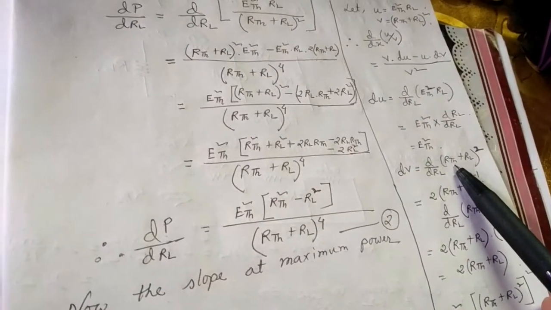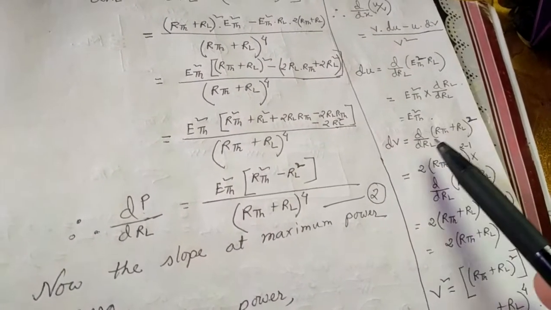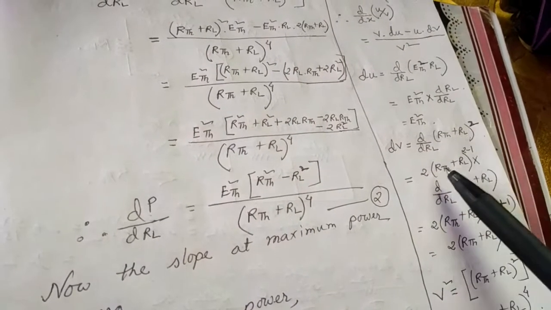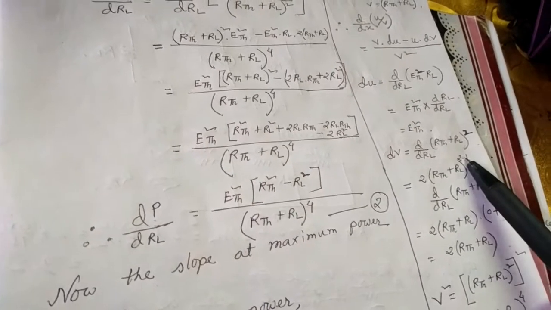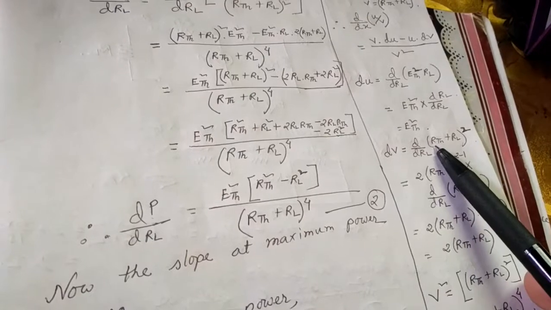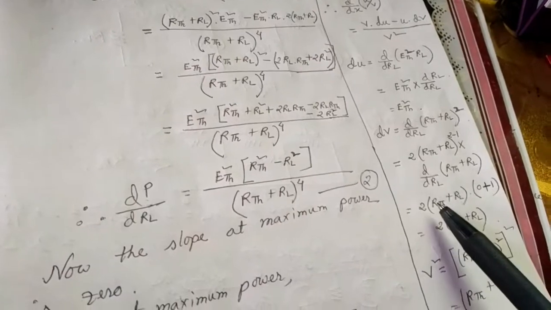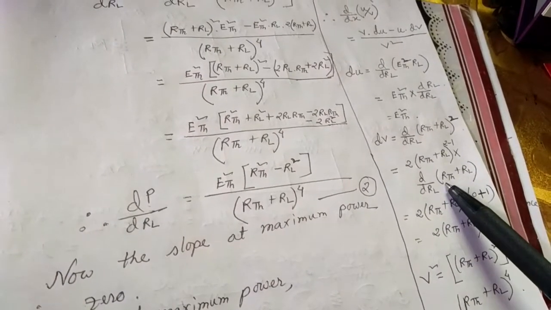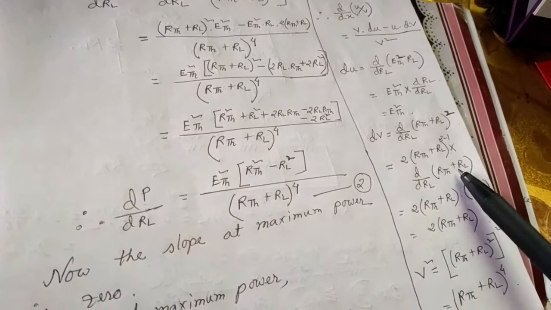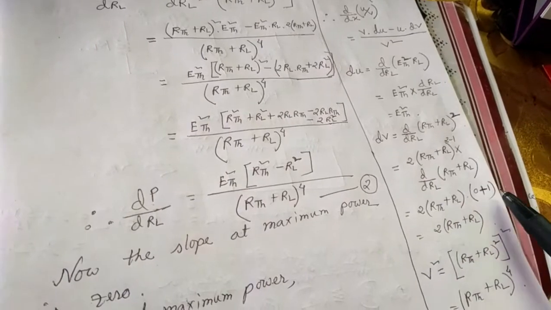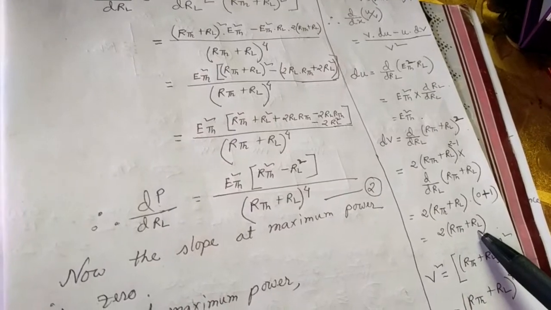The power comes to the left side and we subtract 1 from the power, 2 minus 1, multiplied by ddRL of R Thevenin plus RL. ddRL of R Thevenin equals 0 because R Thevenin is a constant and RL is the variable, and ddRL of RL equals 1. So ultimately we get 2 of R Thevenin plus RL.